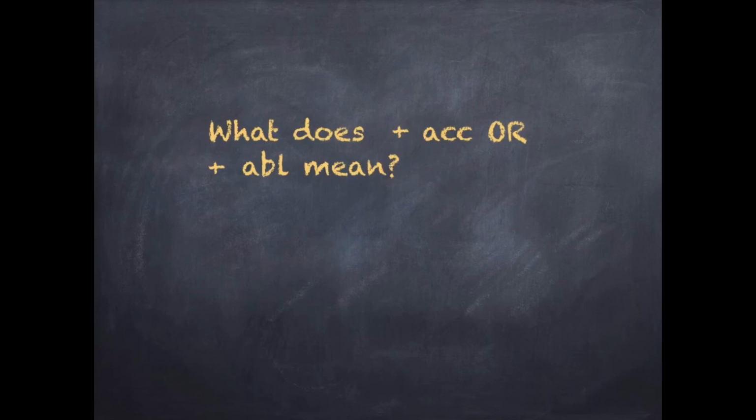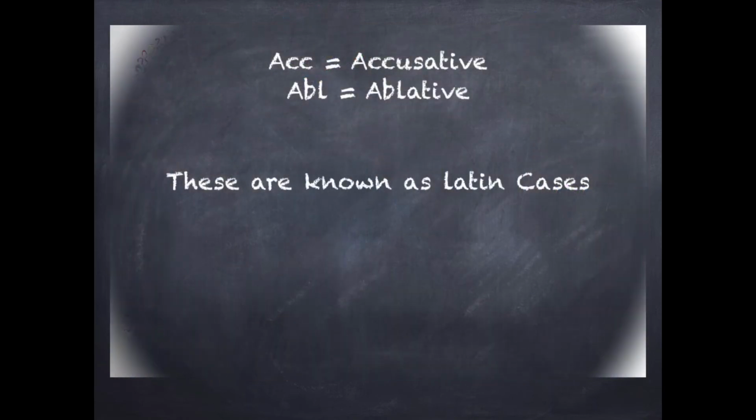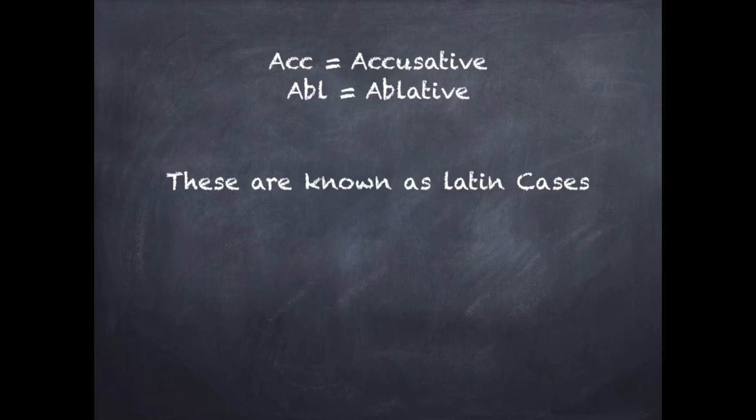And now the question that everyone has been wanting to have answered. What does plus ACC or plus ABL mean? Of course you don't know yet, but you're about to find out. ACC stands for accusative and ABL stands for ablative.